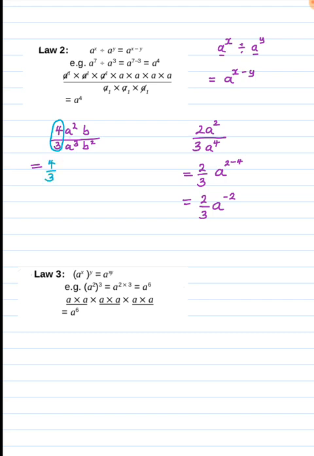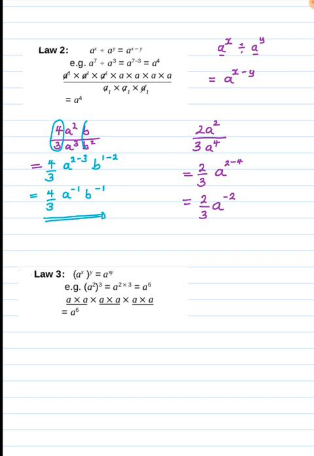Then for a we have a to the power of 2 minus 3. Then for b we have b to the power of 1 minus 2. So we get 4 over 3, then a to the power of 2 minus 3, that's minus 1, then b to the power of 1 minus 2, that's minus 1. This will be our solution.